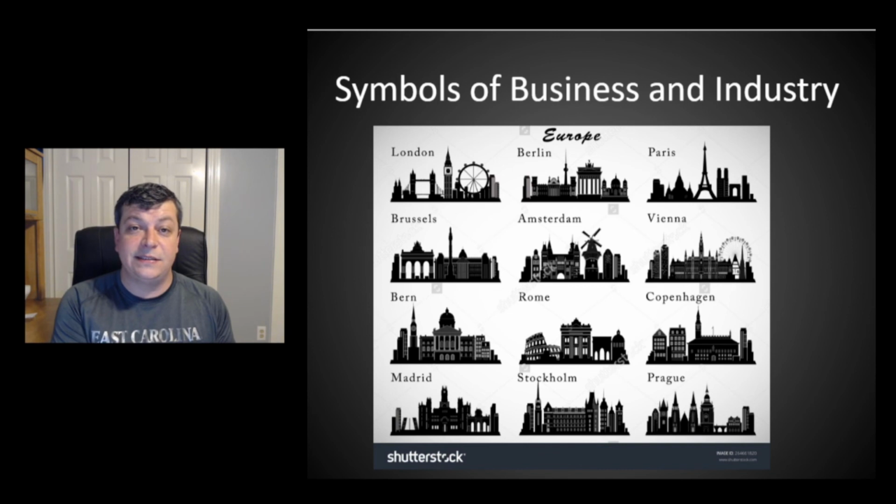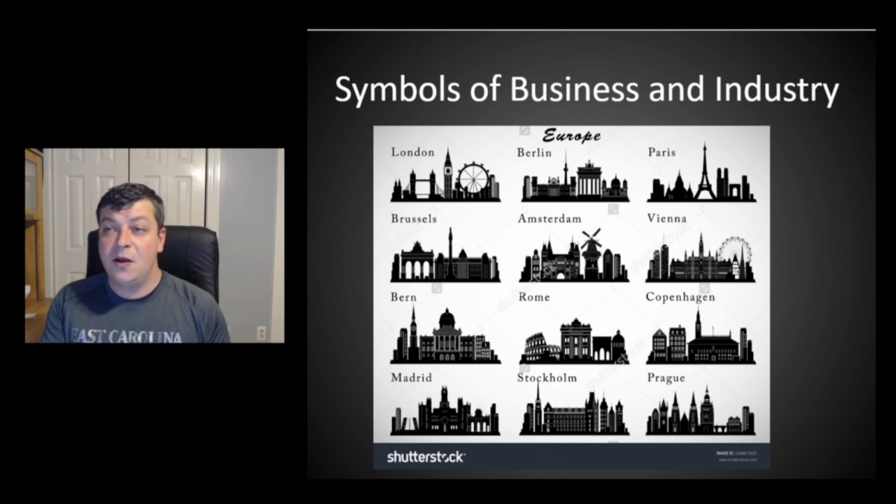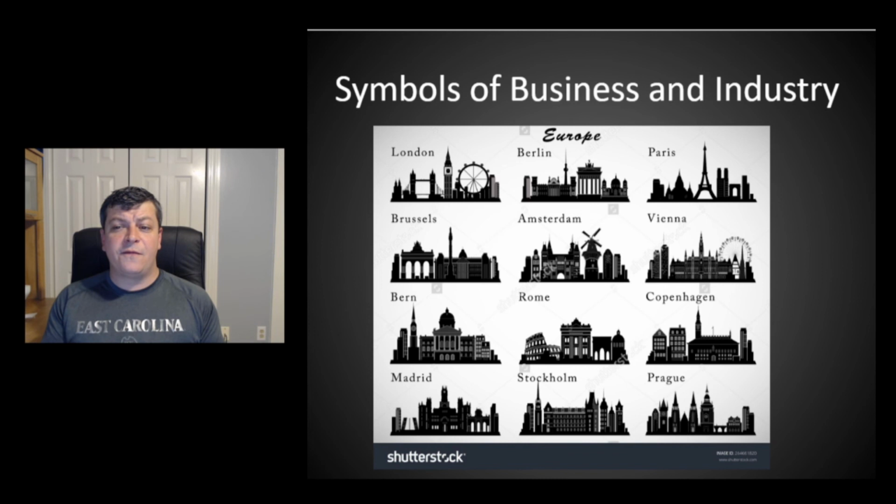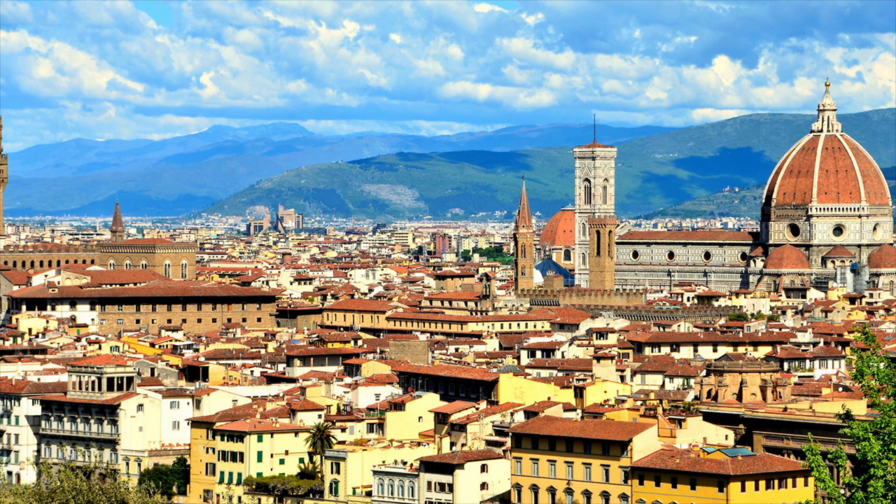So when you look at this in comparison, if we were to look at the comparison of the American city and skyline versus other cities, it seems like you can almost gather an identity about a place. I just came back from Florence, and the city has this great old character to it but it doesn't scream business and industry. It screams Renaissance to you because that's the cultural identity of Florence.